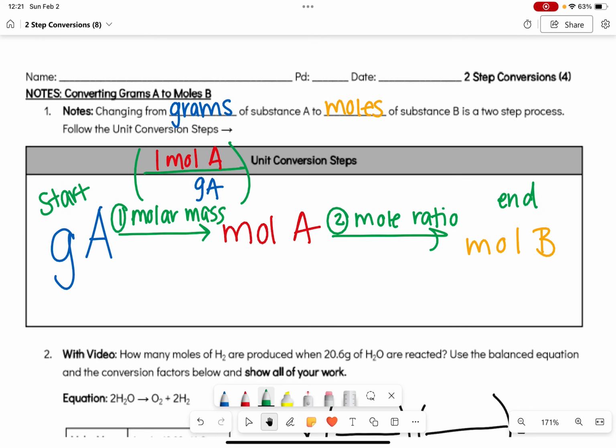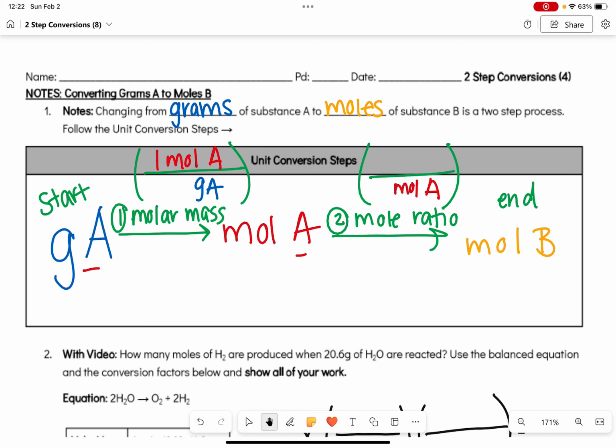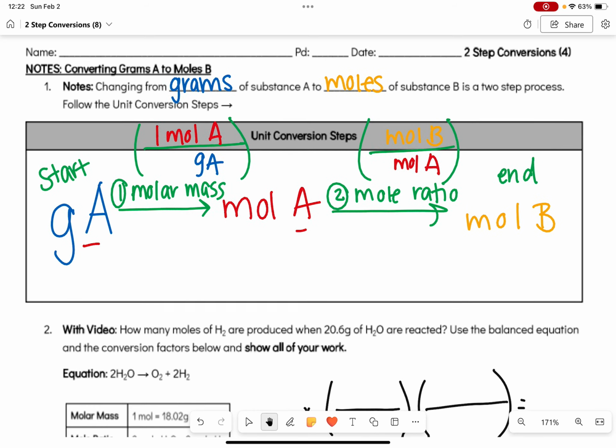When you go to do your mole ratio, the moles of the substance you started with, so substance A, will be at the bottom. And then your moles of the substance you want to find from your equation, B, will be on top, so that your moles of A cancels out. Okay, so I'm going to show you how to use these two steps together in question number 2 below.